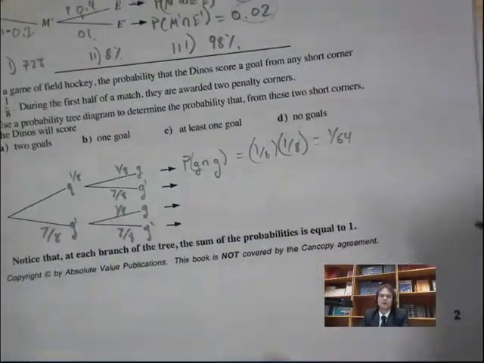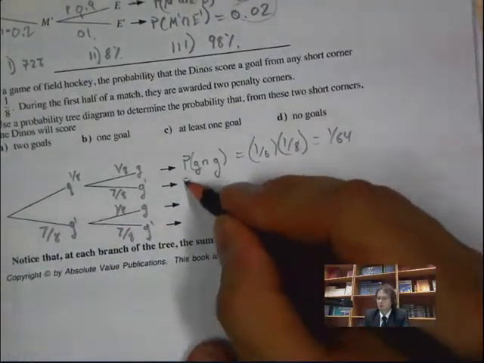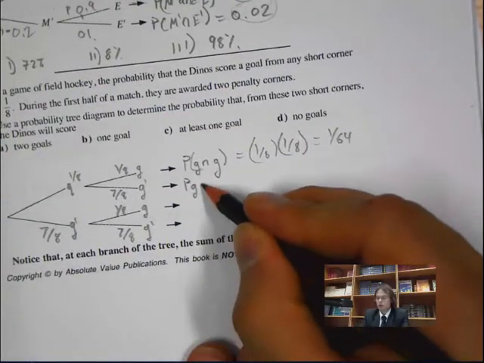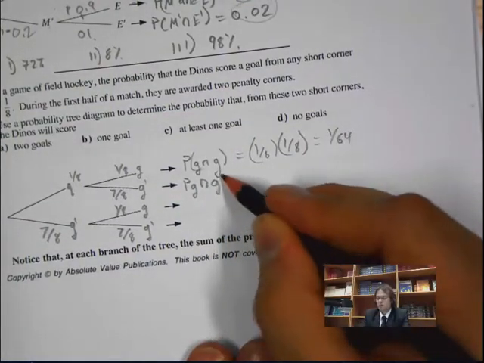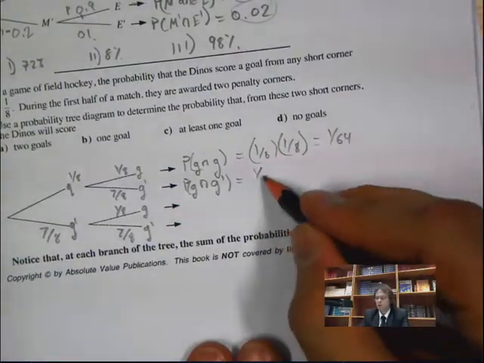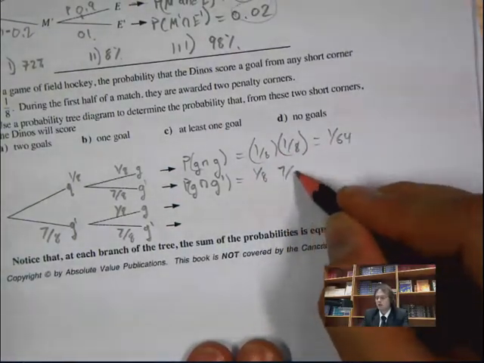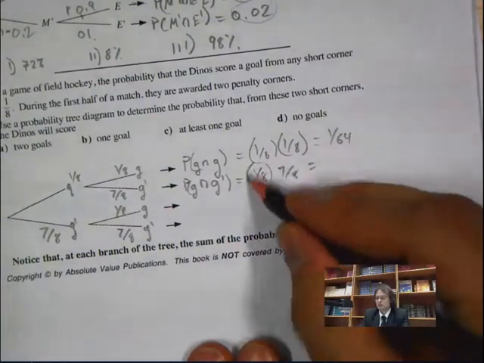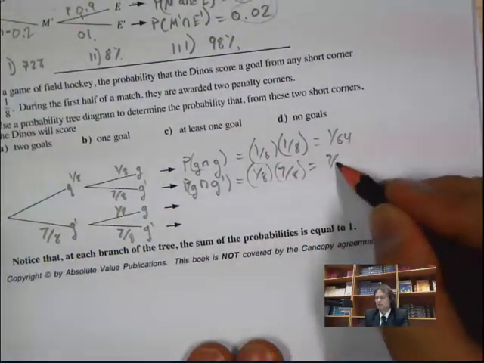Alright? Now the next one, we look at this one, probability of goal and not a goal is equal to 1 over 8 multiplied by 7 over 8, which gives me 7 over 64.